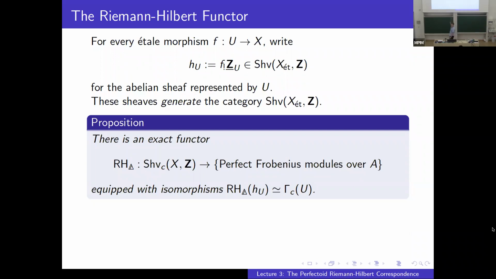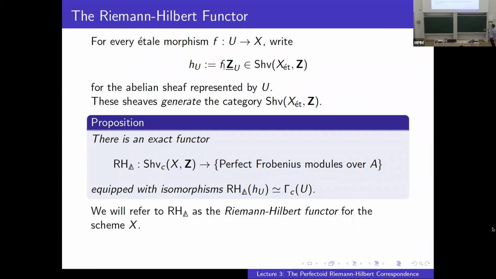It goes from the category of constructible sheaves on X to the category of perfect Frobenius modules over A. And the defining property of this construction is that it takes each one of these generators, HU, to this prismatic cohomology with compact supports that I defined on the previous slide. I'll call this the Riemann-Hilbert Functor associated to the scheme X.